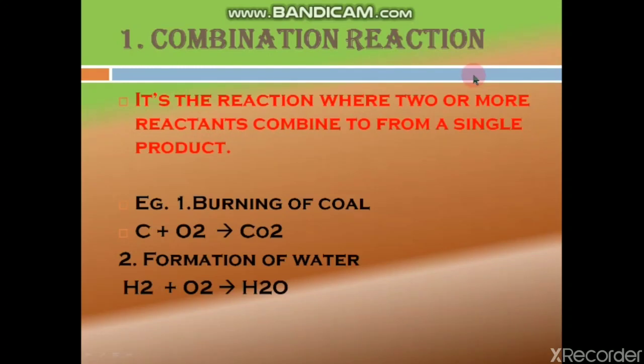As you all know, in a chemical reaction we have reactant and product. So this is the reactant, C plus O2, and CO2 is the product. Here you see burning of coal.